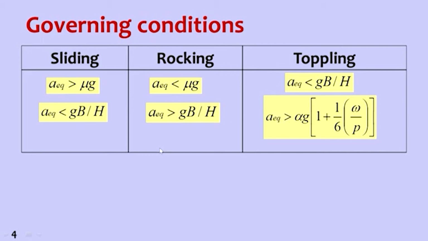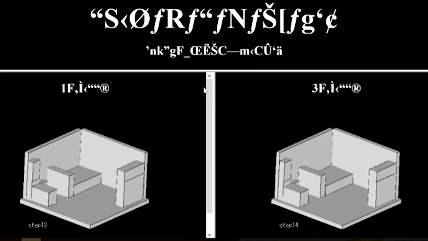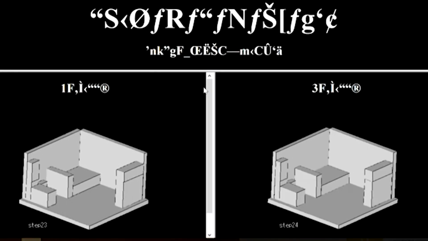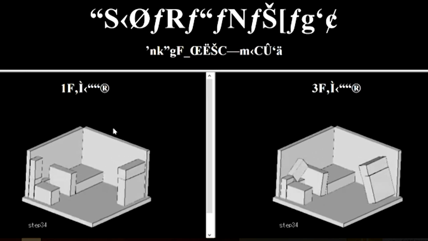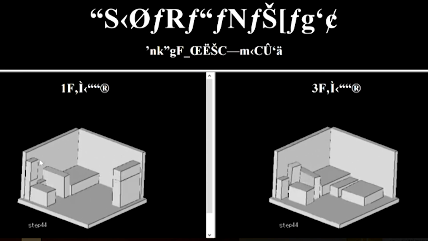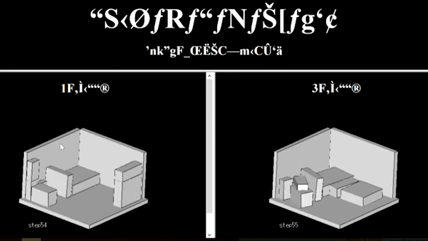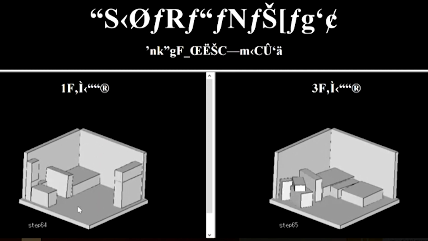Before going to the example problem, let us look at the behavior of the furniture on various floors. Let's watch a small numerical simulation. Here you can see many rigid blocks kept on a typical floor, on the first floor and also on the third floor.